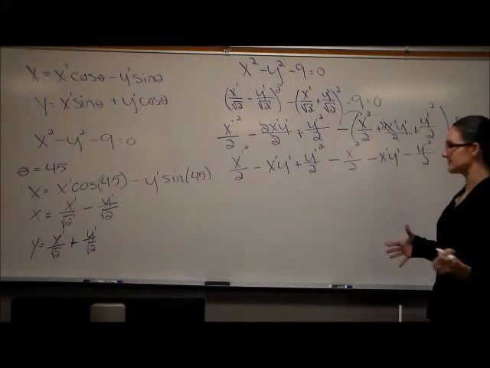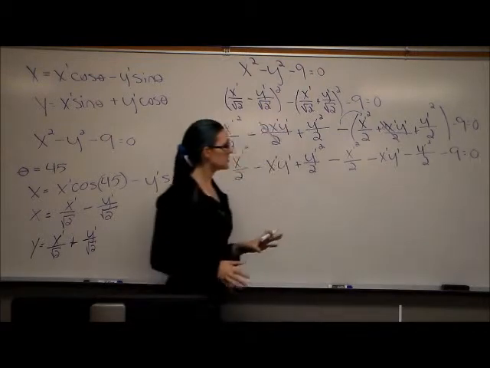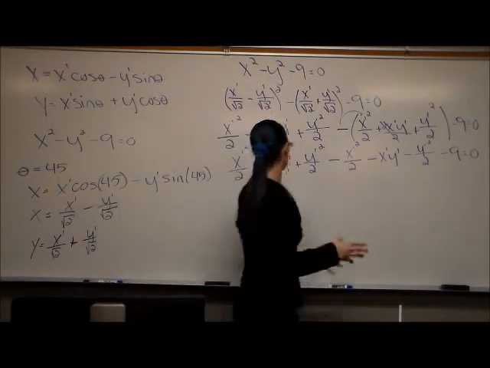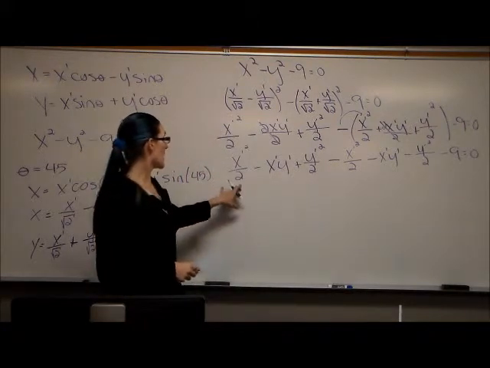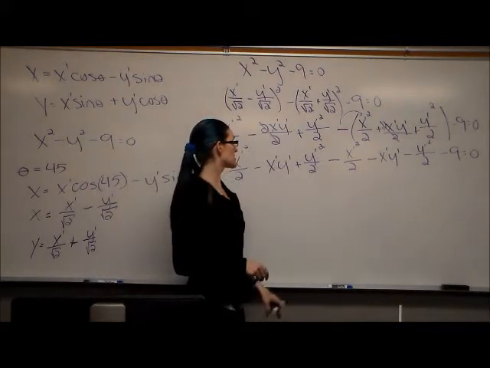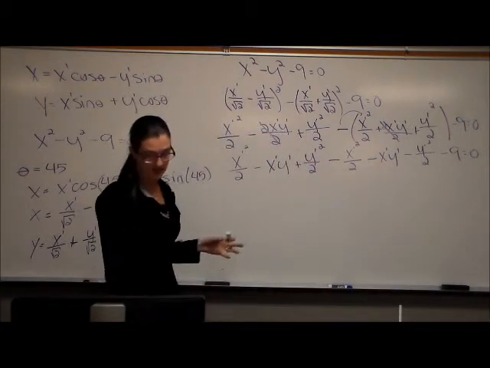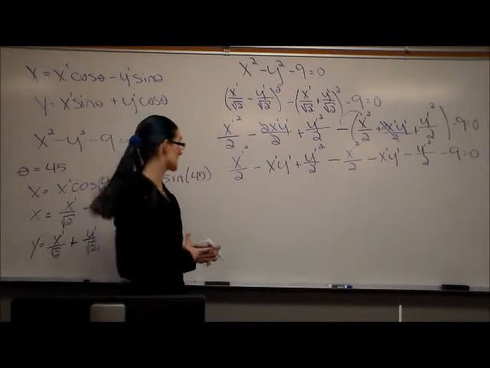Slowly getting longer, right? What we're going to do now is combine like terms. We have a minus xy and a minus xy that can be combined. x prime squared and x prime squared, y prime squared and a y prime squared. You can combine your like terms to make it as simple as possible.